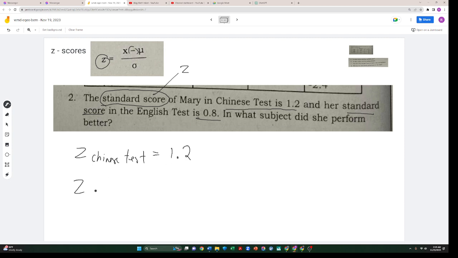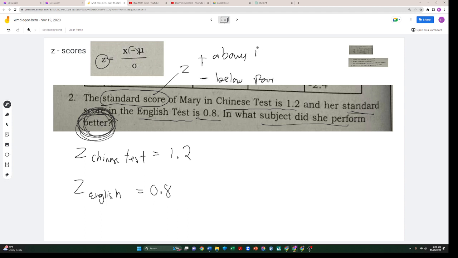And then sa Z score, standard score sa English test is 0.8. In what subject did she perform better? Again, better. Kapag positive ang Z-scores, pasabot ana above the mean, right? Kung negative, which means below the mean, which is poor, dili kay better.